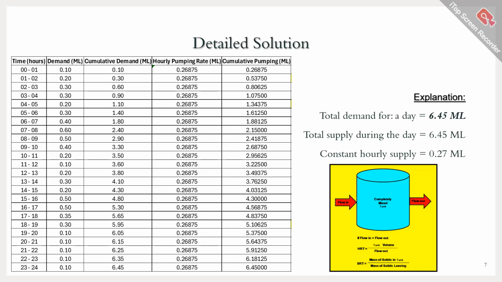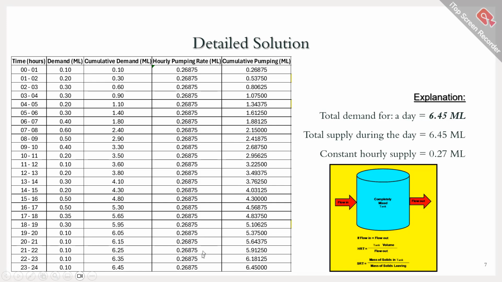But in the question, they have asked that the volume should be minimum, right? So you have to consider the tank volume that will just absorb the fluctuation. So 6.45 will not be the answer. What will be the answer? We will see in due course.